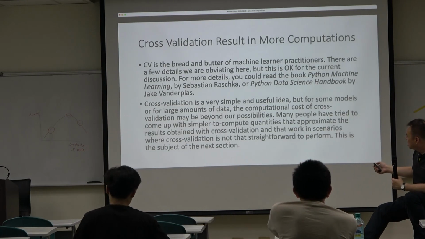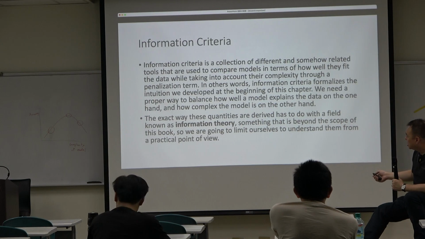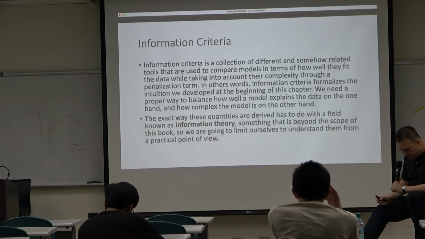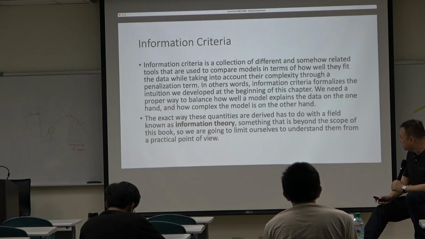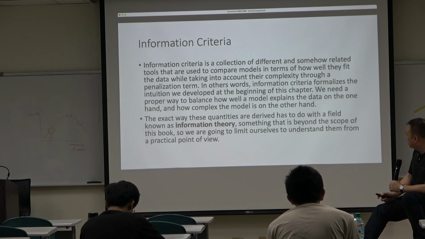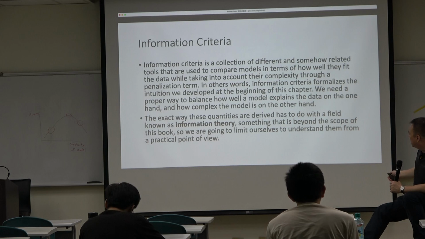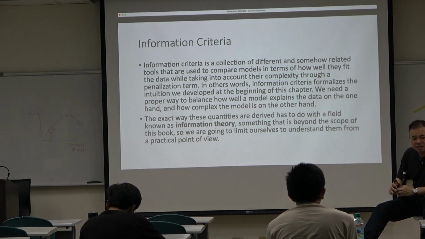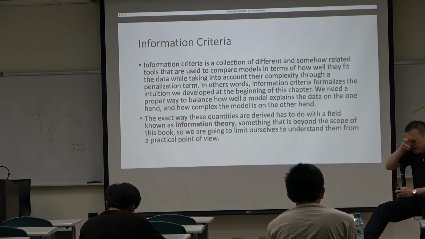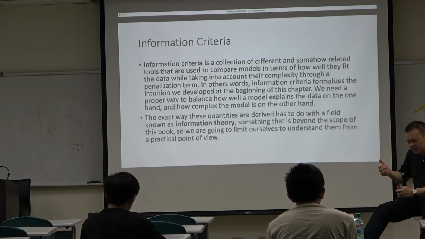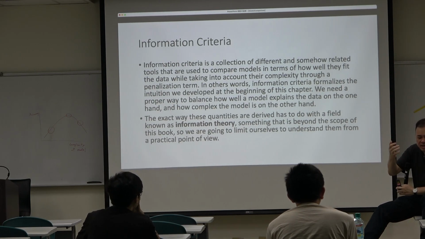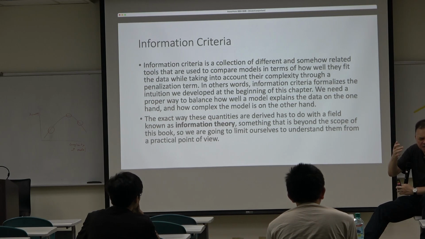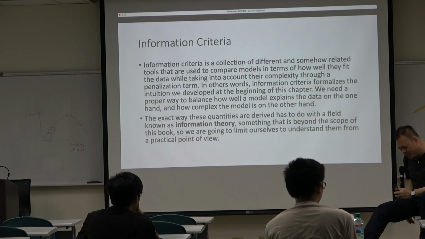That's all for cross validation. And the next topic is information criteria. As I said, the information criteria gets the accuracy from the in-sample accuracy, but it tries to apply a discount to that.